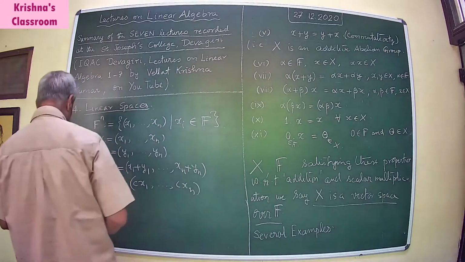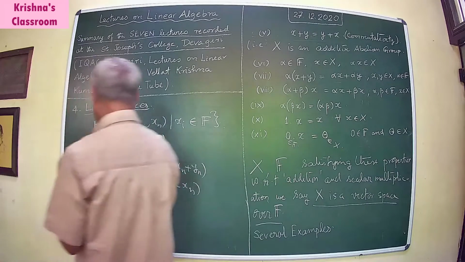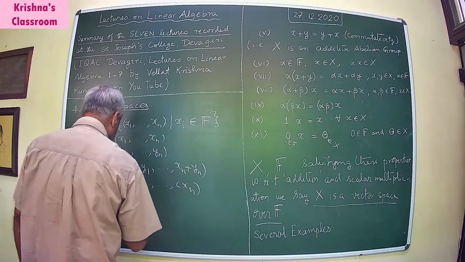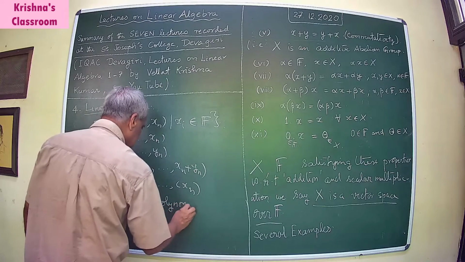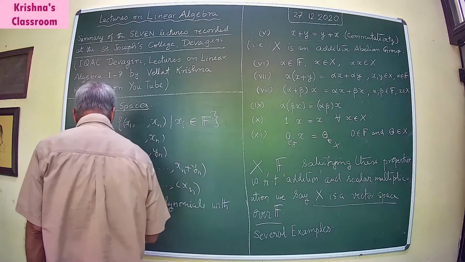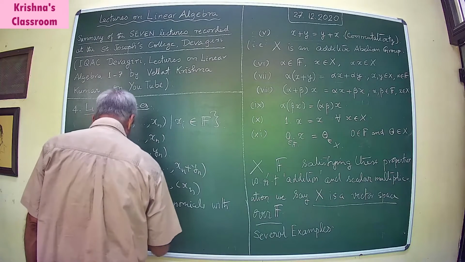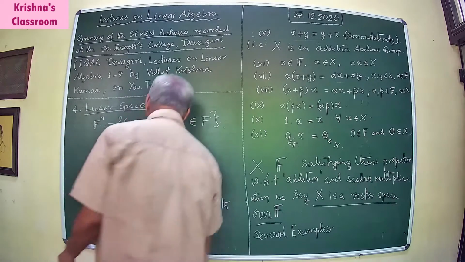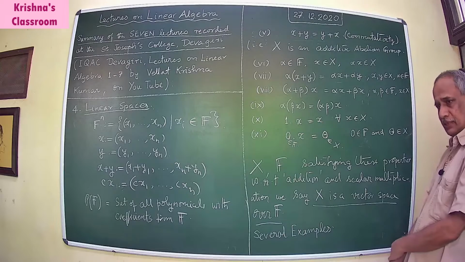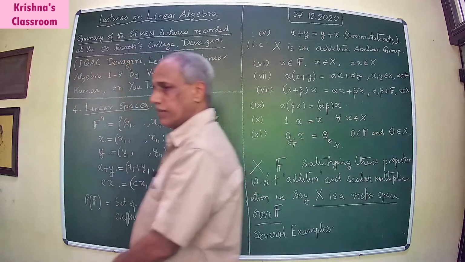Then suppose you take the polynomials P over Q. This is the set of that form, with the coefficients from F. Then with the usual rule of addition of polynomials and the usual rule of multiplication of a polynomial by a scalar, it forms a vector space.